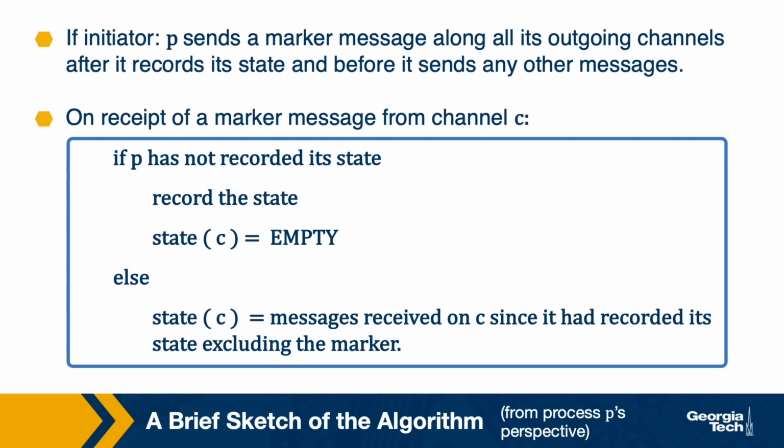On receipt of a marker message from a channel C, if P has not recorded its state, then P will record its state and mark the state of the channel C as empty. Otherwise, the state of the channel C is going to be equivalent to all the messages that were received on C since the node P had recorded its state, excluding the marker message.